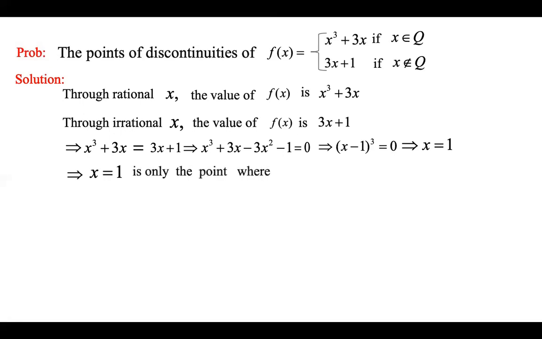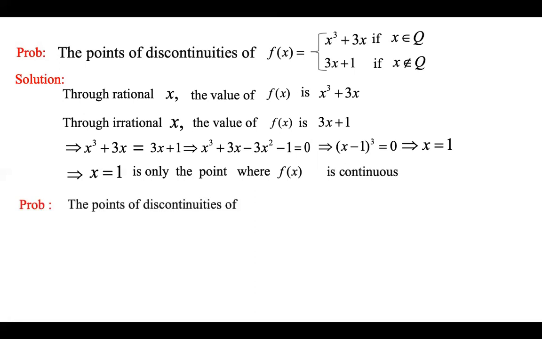So this is a nice example of a function which is continuous at only one point. At all other points, it is discontinuous. There is no chance of differentiability at all. So this function is not differentiable anywhere. It is continuous only at x is equal to 1. That is the conclusion.